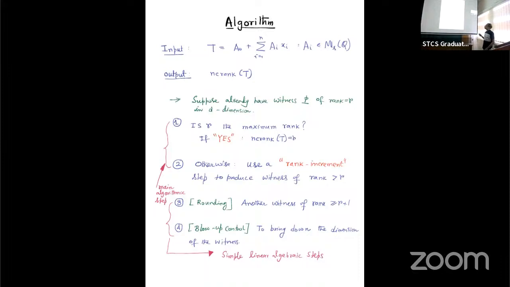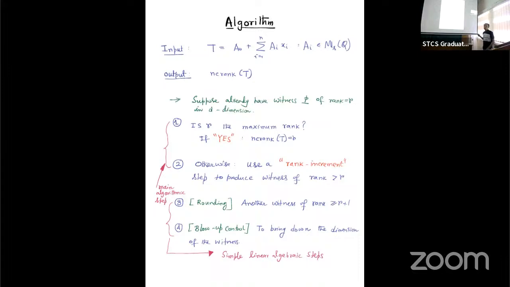Suppose that you already have a rank R witness in D dimension, and you want to check whether this is the maximum rank that you can achieve. You can see there is a similarity to the matching ideas.